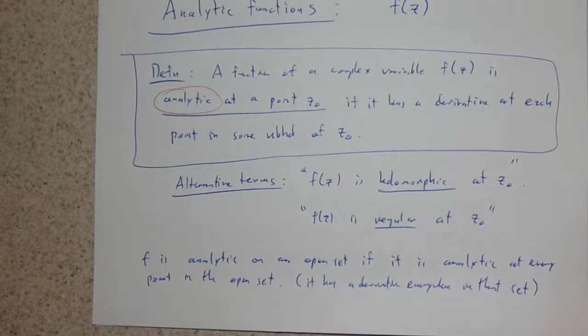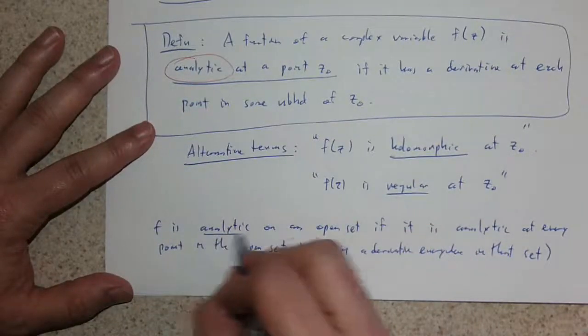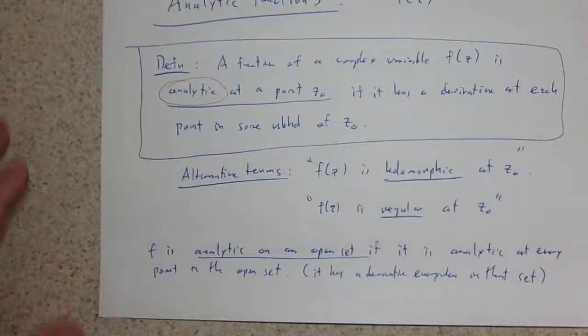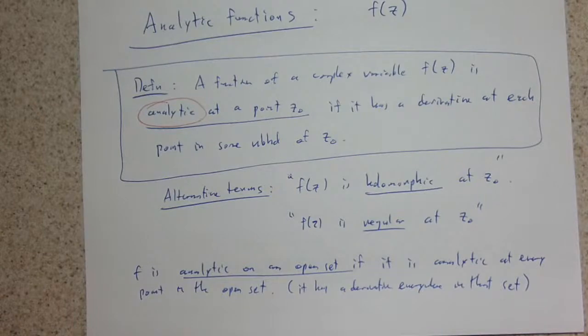So if we say that f is analytic on some closed set, then what we mean is that it is analytic on some open set that contains that closed set. Since analytic requires it to have derivatives in a neighborhood, right, this is necessarily going to require the function to be analytic on an open set containing that. You can just cover the entire closed set by those neighborhoods.